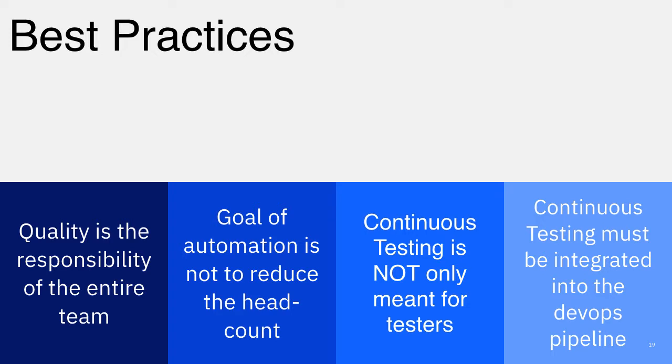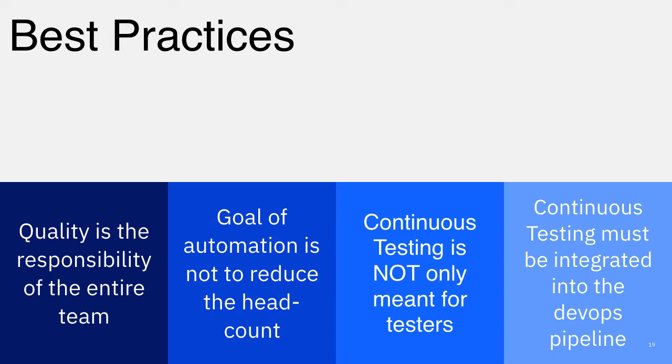This could be done through unit tests or test-driven development, or many methods available in the DevOps process these days. How about continuous testing being a practice across the development teams and not just meant for the test teams?